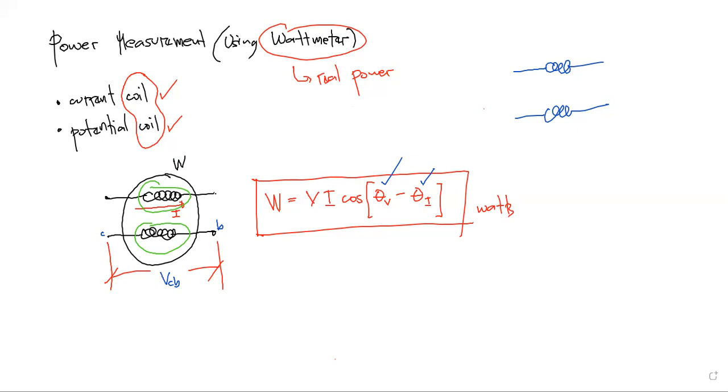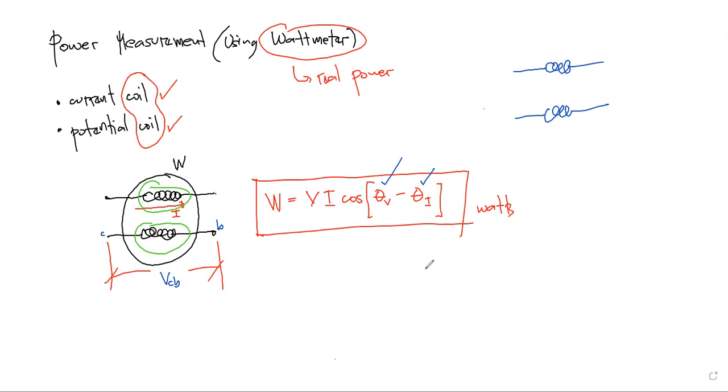So take note: the current coil must be inserted into the line wherein the current of that particular line will be measured.